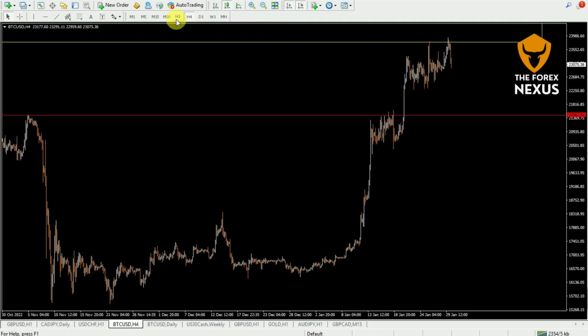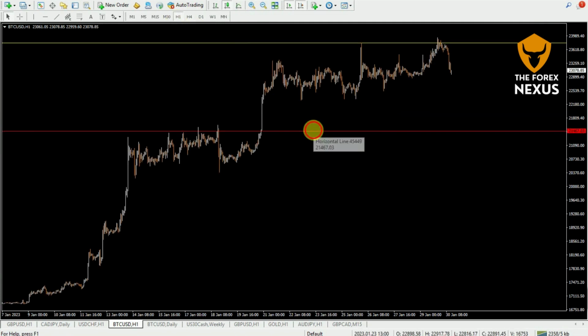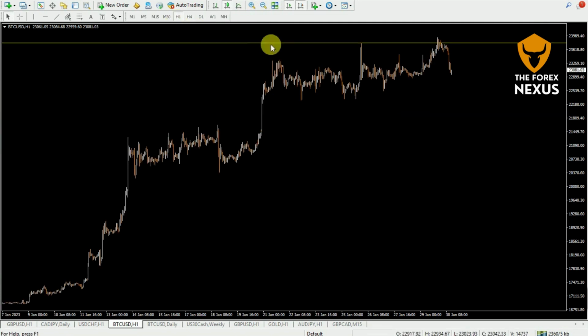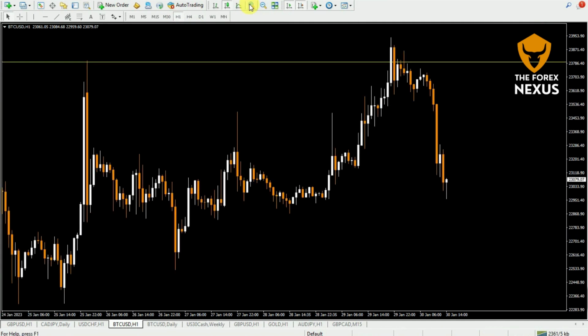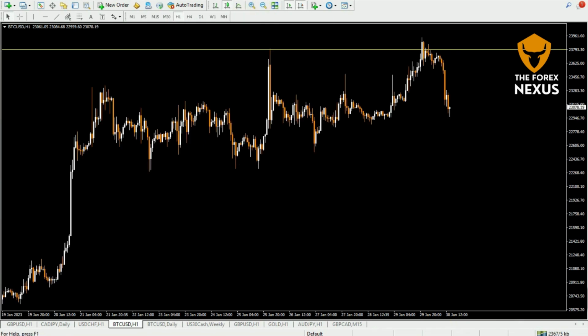First we will check out the H1 time frame, to see what's going on there. So this is the supply zone, the yellow line which we marked on the daily time frame.